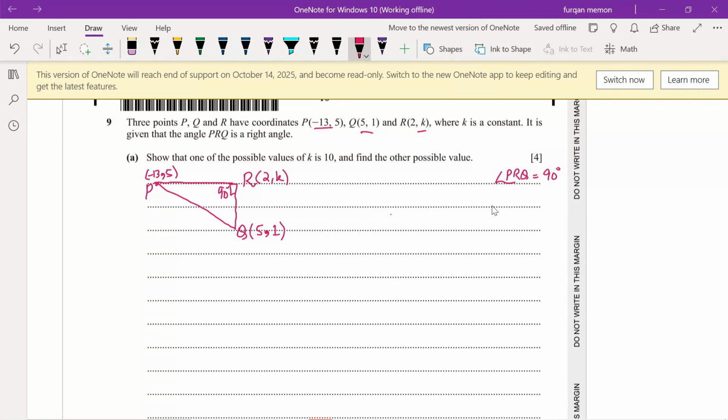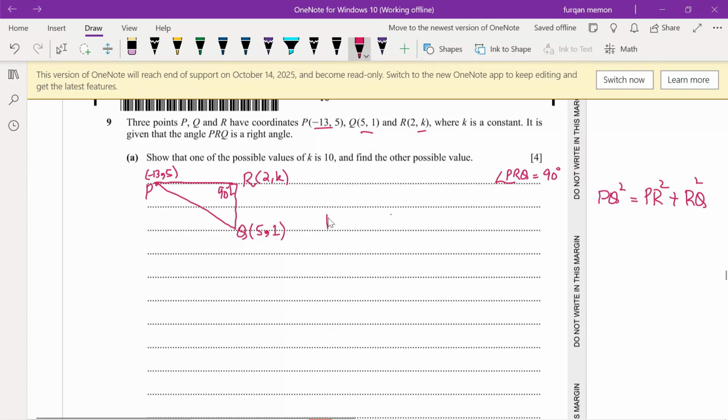We can use this method to find the value of k: PQ squared is equal to PR squared plus RQ squared. We can use this equation to find the value of k, or the second method is to use the slopes.